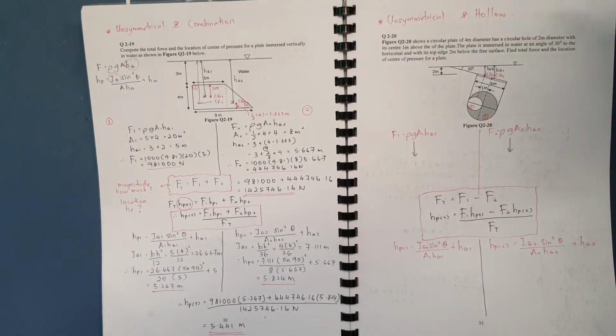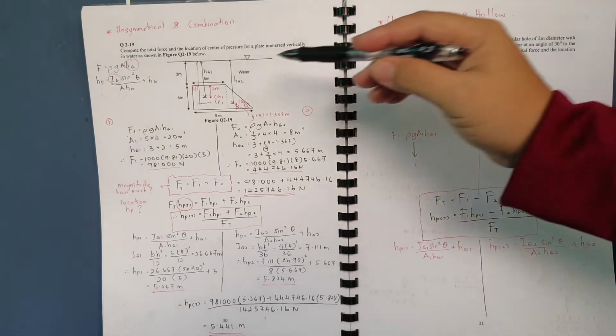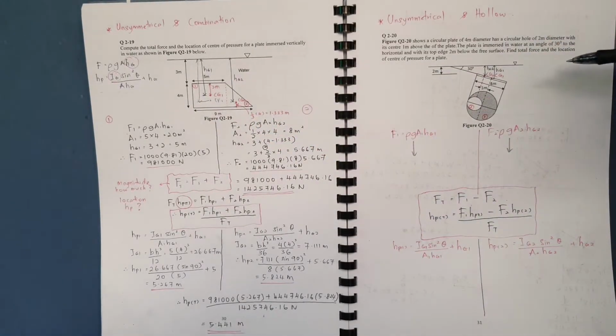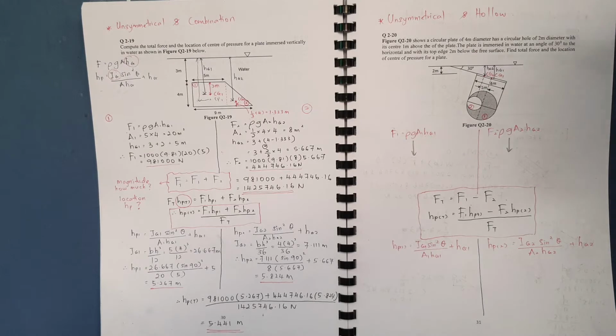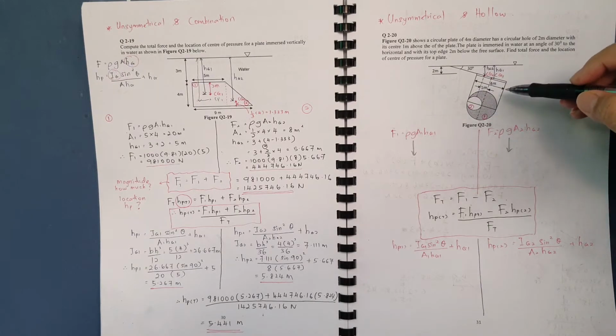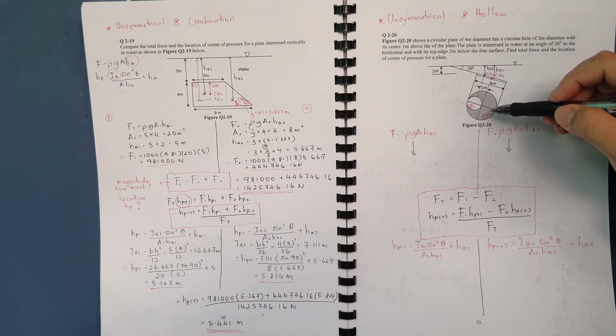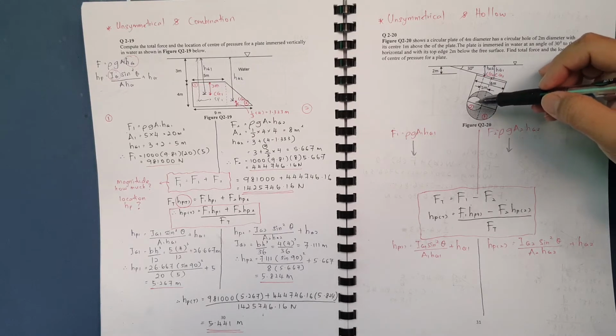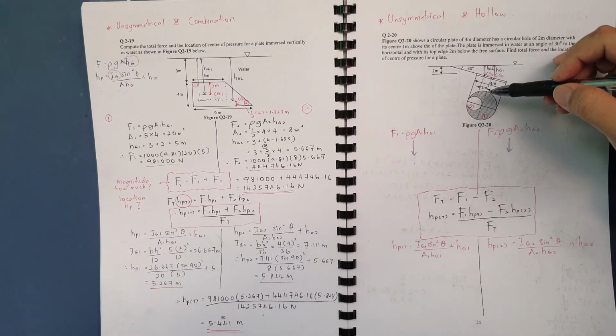Okay, now let's move to the unsymmetrical and hollow combinations. So the steps are the same. Divide the section into two sections. The bigger one normally we take as 1. The smaller one, the hollow, we take as 2.